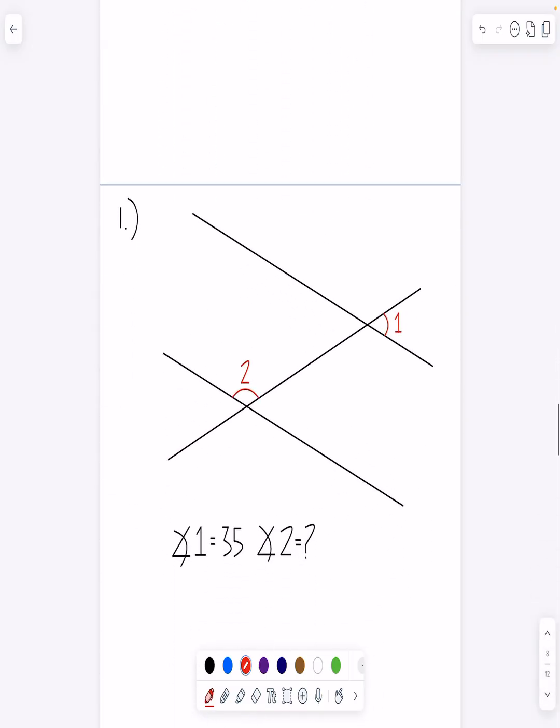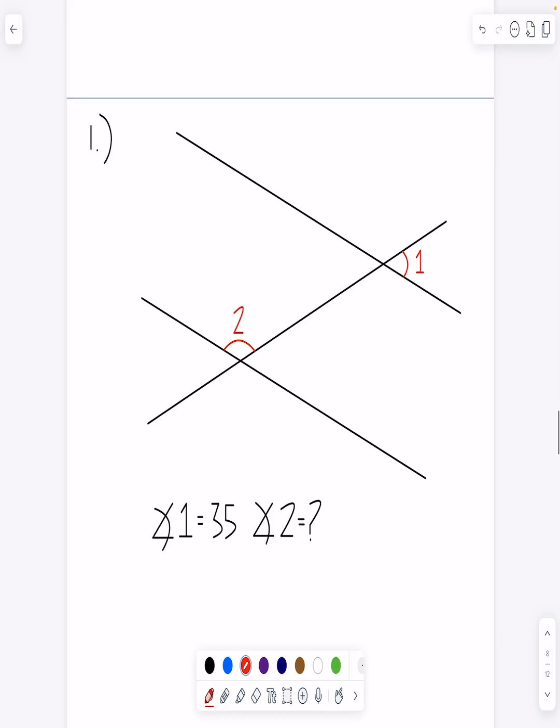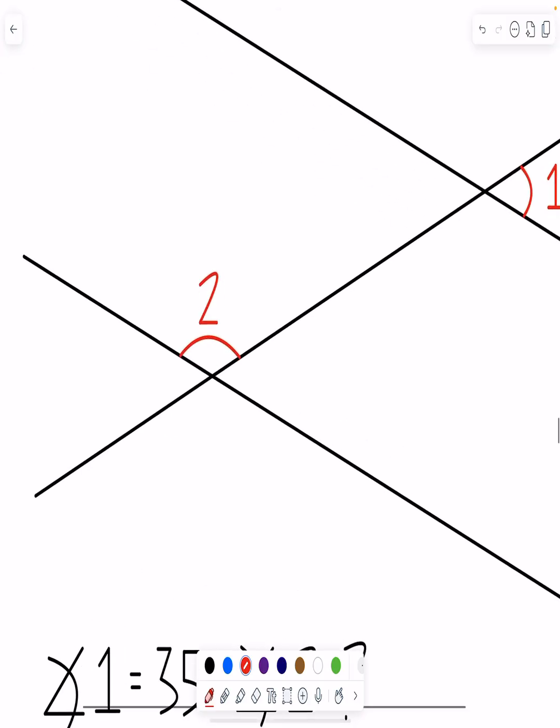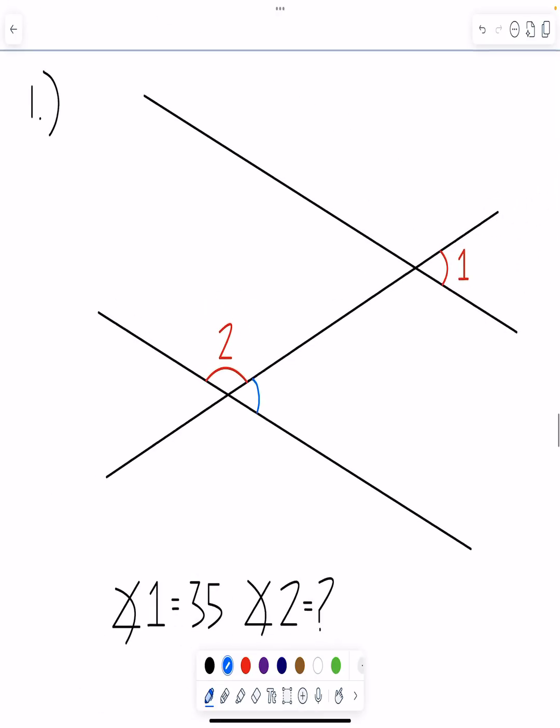Let's go ahead and try some practice. If angle 1 is 35, what is angle 2? Well, angle 1 forms a corresponding angle to this side right here, which I'm going to denote in blue. This angle denoted in blue and angle 1 are in fact corresponding.